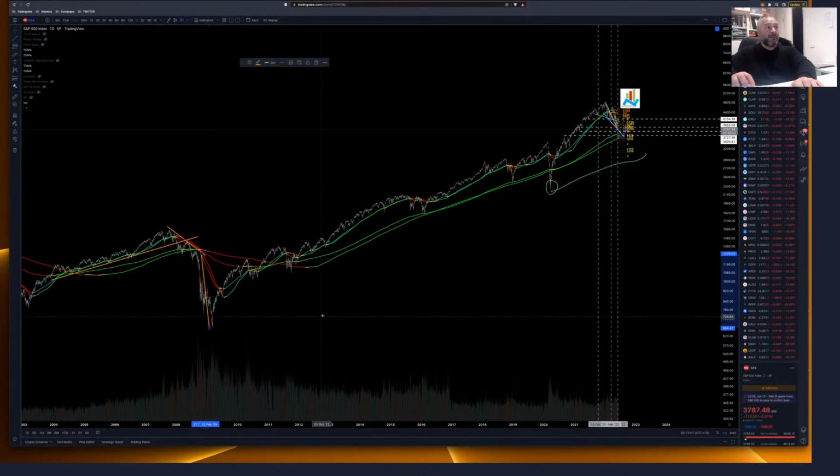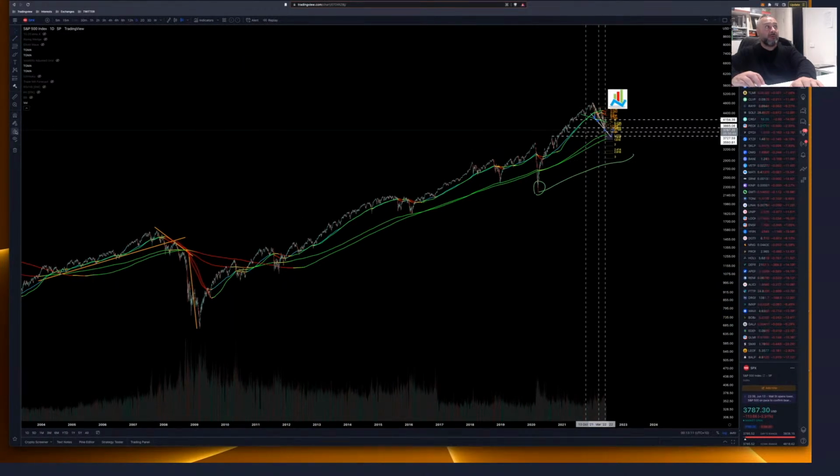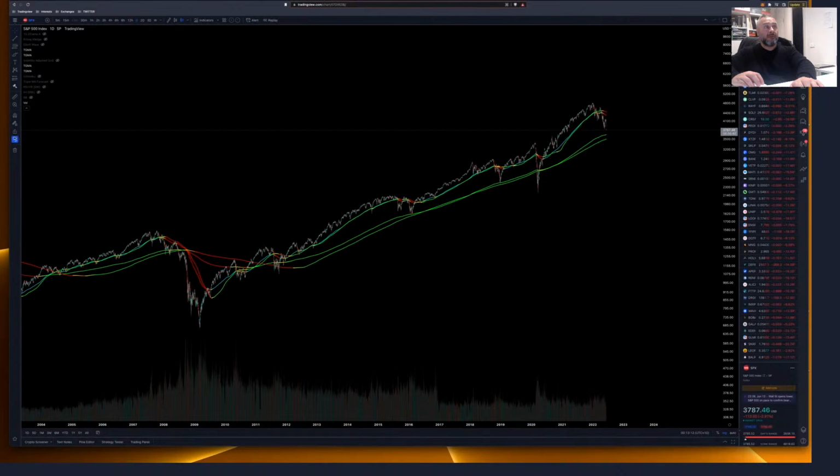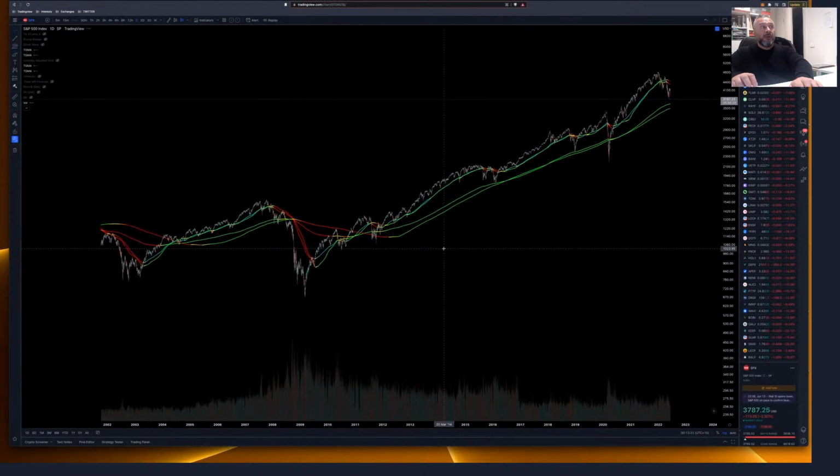Yeah, that's incoming. So we could have that kind of model. This can happen. Or we can have this type of model where it just gradually drops. So there's two types.